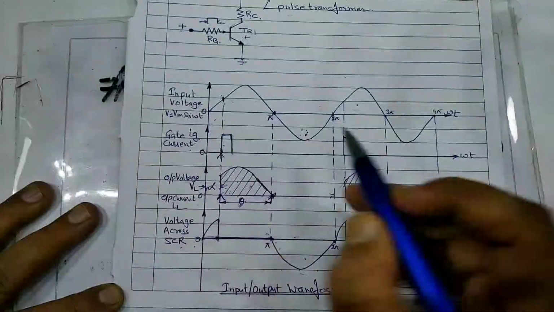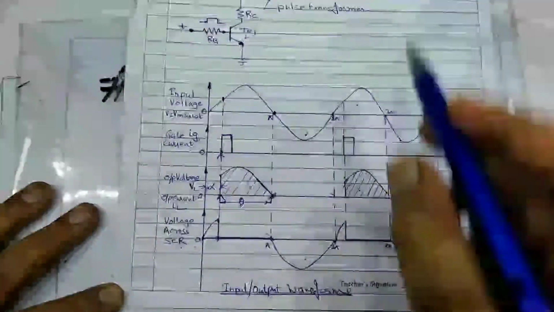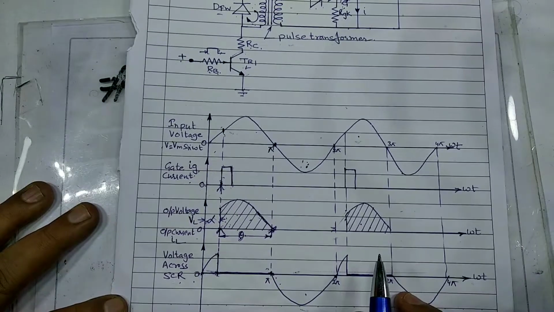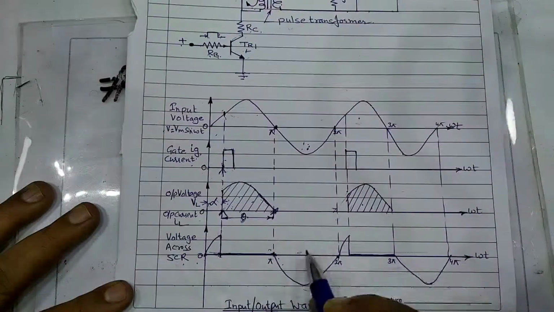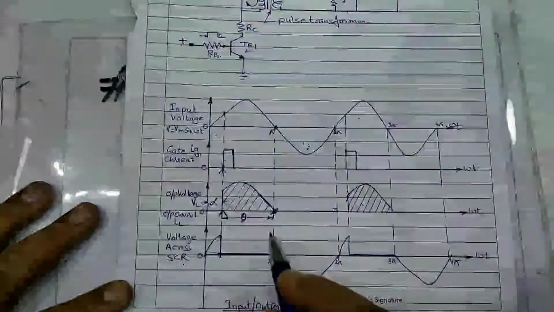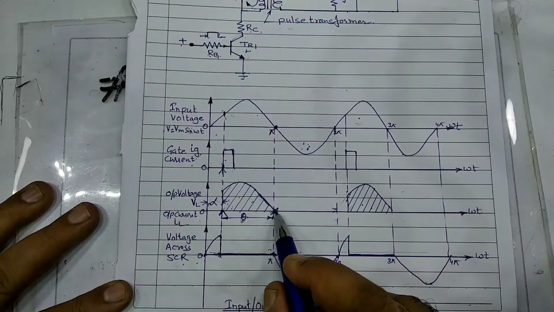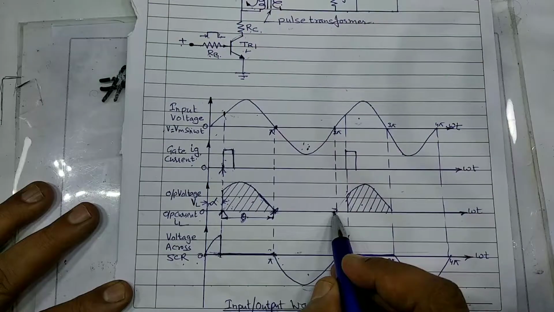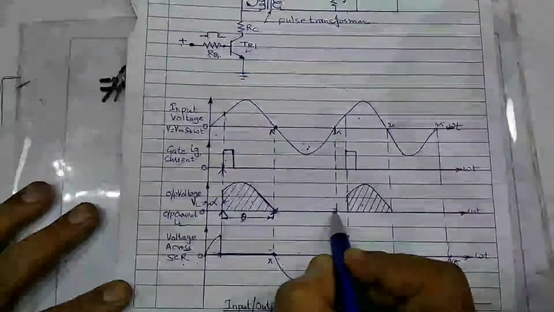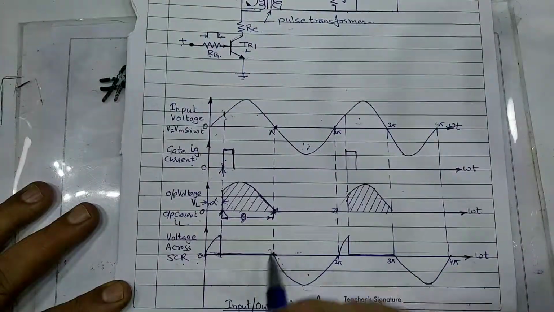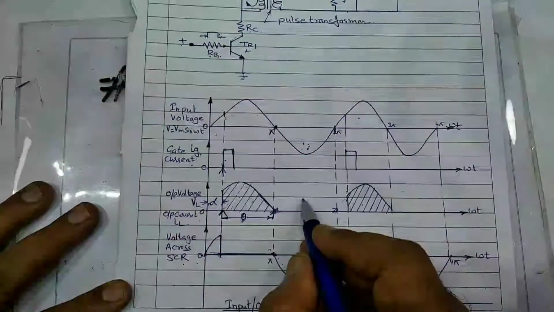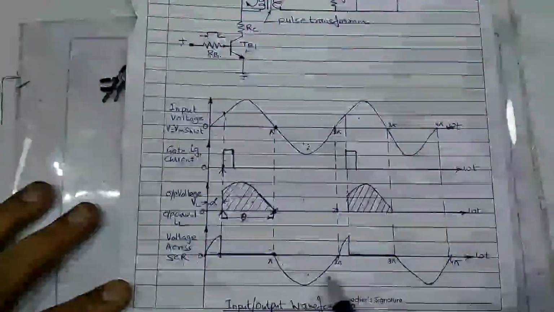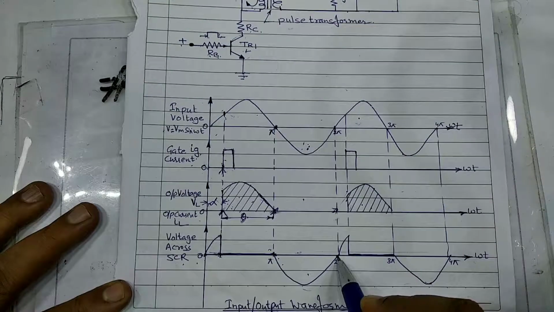During this half cycle, the thyristor is in the reverse bias condition. So being in reverse bias condition, even if a gate pulse arises, it will not switch on the thyristor. So the thyristor will remain off up to 2 pi, and all the voltage which appears across the supply will appear across the thyristor.